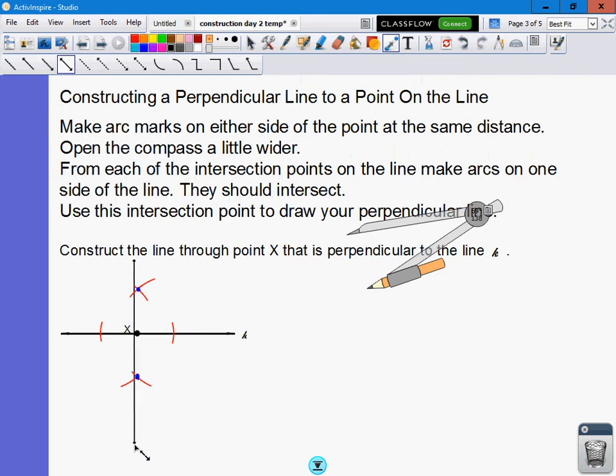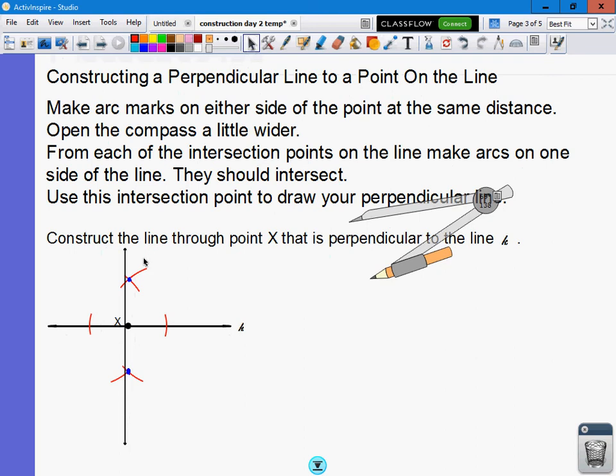I'm going to draw a line and connect my dots. And if I've done that, then this would be 90 degrees. I drew a perpendicular line through a point that was on a line.